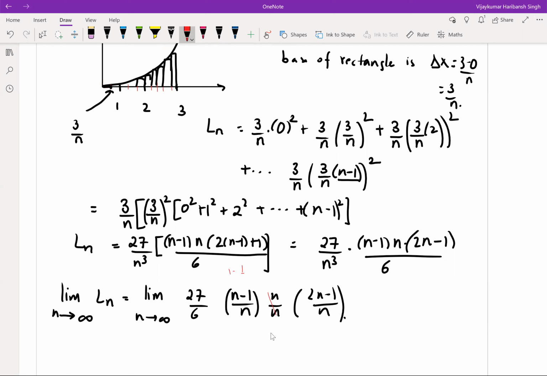You will have 1 minus 1/n, and here you will have 2 minus 1/n. Now the limit as n goes to infinity of that is 27/6 times 1 times 2 minus 0, so 2, and that is going to be 9 square units. So you see, whether you took the left hand point or the right hand point, the limits are going to be the same.